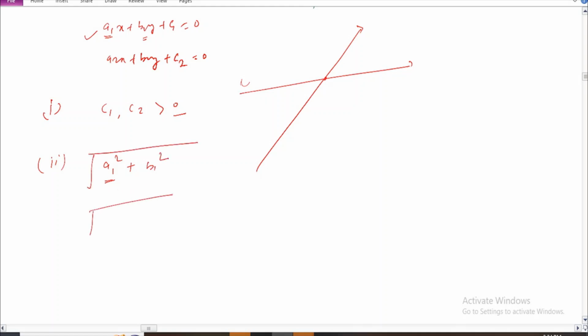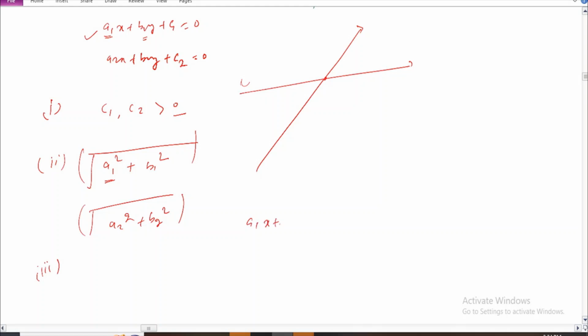Similarly for line 2, a2 squared plus b2 squared. Now the third step is dividing each line by its corresponding square root.